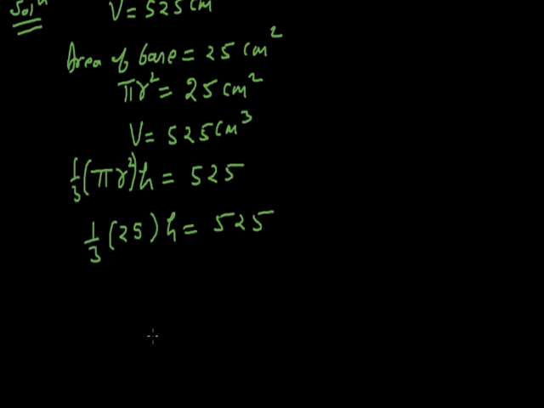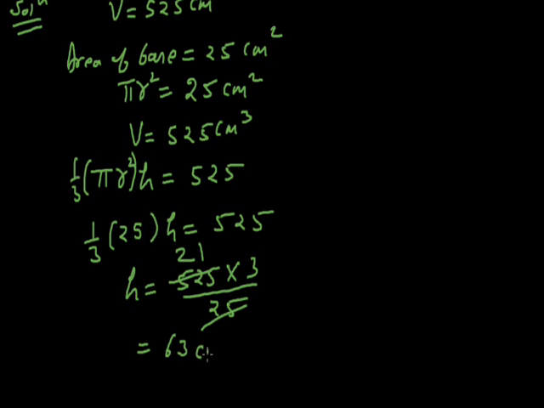So h is equal to 525 multiplied by 3 divided by 25. So 525 divided by 25, these get cancelled. 2 times 2, that is 21. So 21 into 3, we get 63 centimeter. So the height of the cone is 63 centimeter.